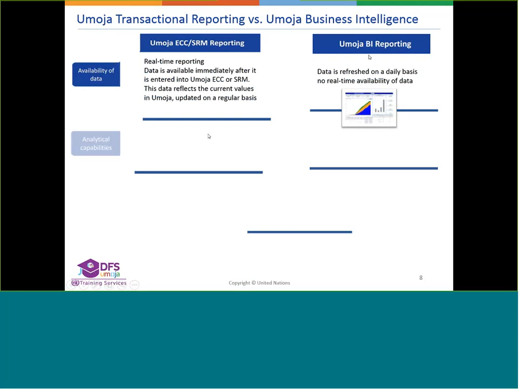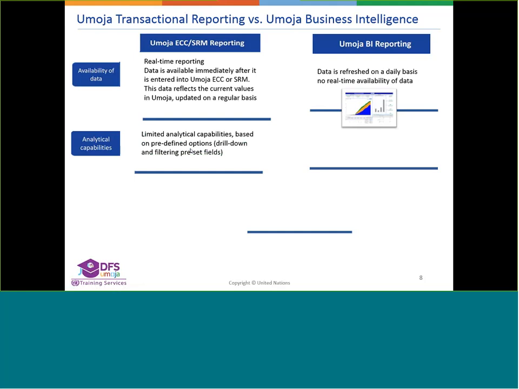BI and then transactional. In terms of analytical capabilities, well, we can do things in ECC and SRM, and when we do the reporting academies and even the LPE academies, we create reports with T codes using ECC and SRM. Really interesting, and you can do plenty of things, right? The analytical capabilities do not stop there.